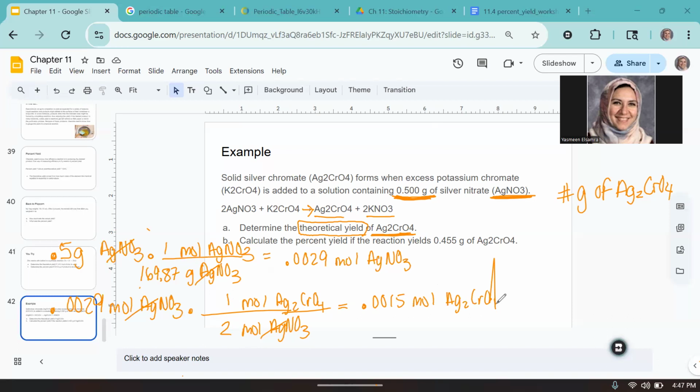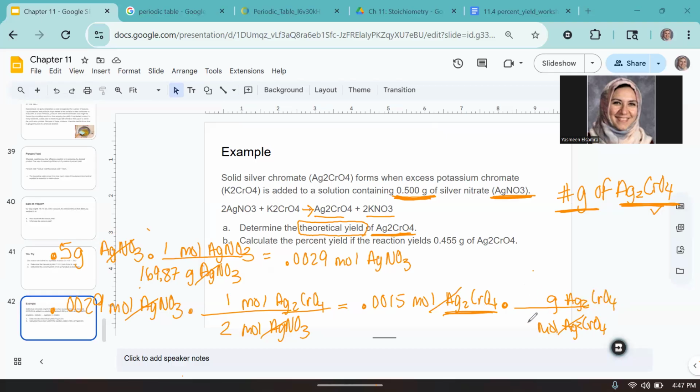Okay, I finally got in the compound that I want in my answer, but it says I need grams, and I have moles. So to get rid of moles, I'm going to do one more. I'm going to get rid of moles of Ag2CrO4, and I can put grams of Ag2CrO4 on top.